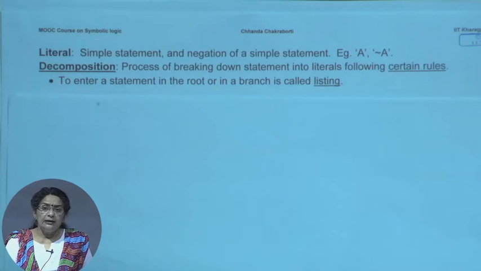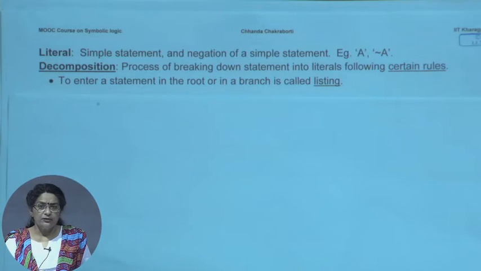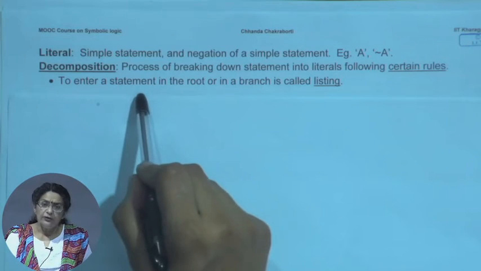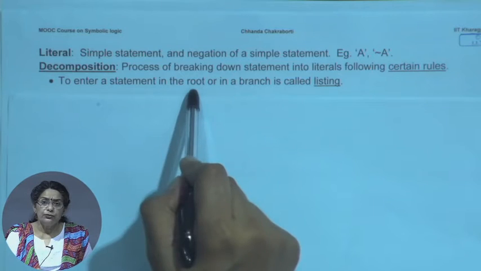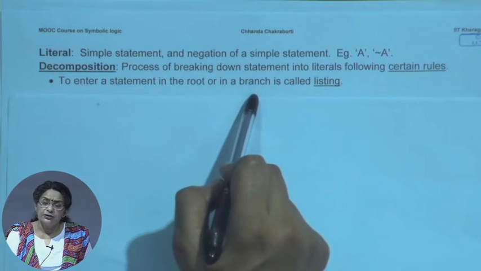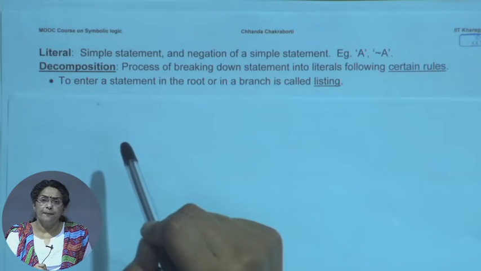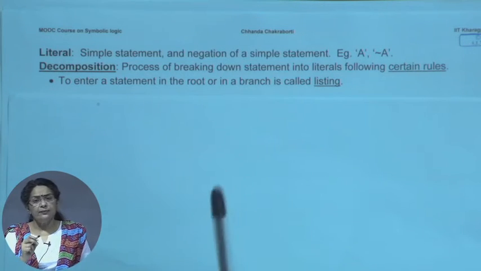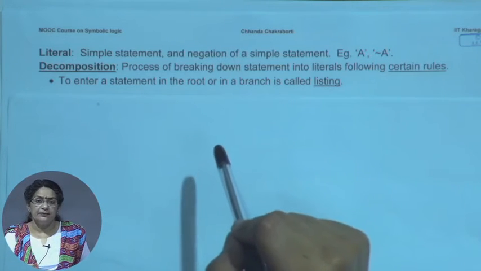Next point that I think is very important for having an insight into the procedure of truth tree is that whenever you are entering a statement in the truth tree, either in the root or in the branch as a result of decomposition, that process is called listing. You are entering something into the tree, and that process is called listing.